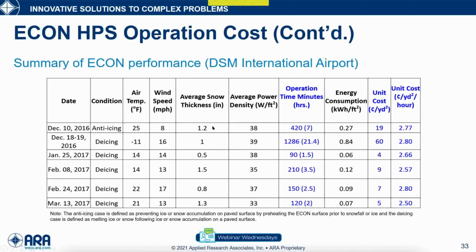We documented the thickness of snow that we were able to melt, and the power supply for each case. If you want to normalize the cost, we came up with a normalized cost of about 2.7, 2.8 cents per square yard per hour. This is a normalized cost from all of those events, regardless of the air temperature and how long we turned on the system.